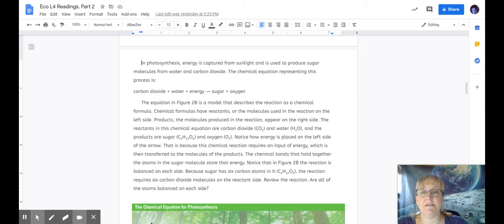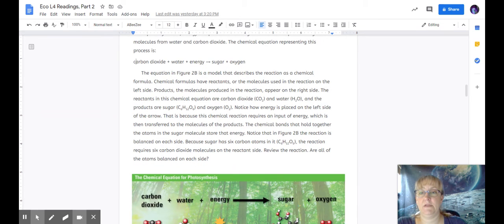In photosynthesis, energy is captured from sunlight and is used to produce sugar molecules from water and carbon dioxide. The chemical equation representing this process is carbon dioxide plus water plus energy reacts to form sugar plus oxygen.